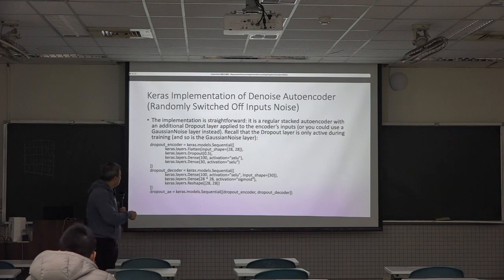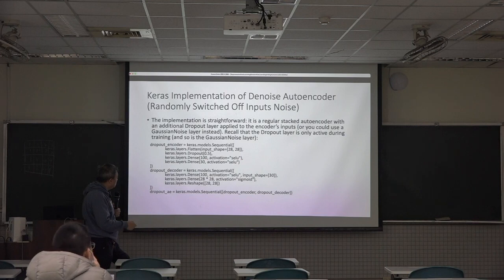Then we have a dense layer of 100 neurons with ReLU activation, 30 neurons, and ReLU activation again. So this is the coding layer, and that's the encoder. For the decoder, we have 100 neurons for the first layer with ReLU activation, and we also get input from the coding layer, so the input shape is 30.